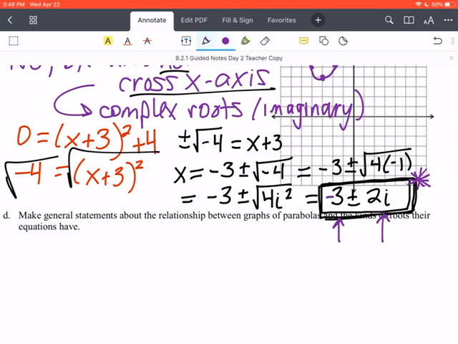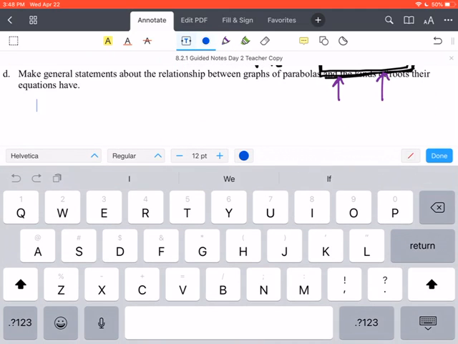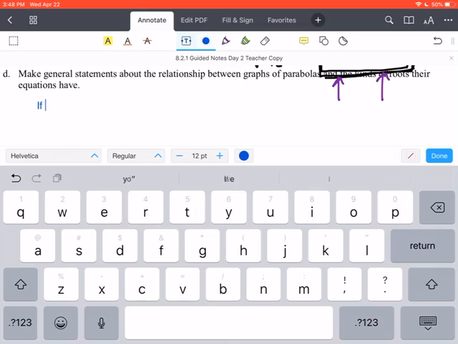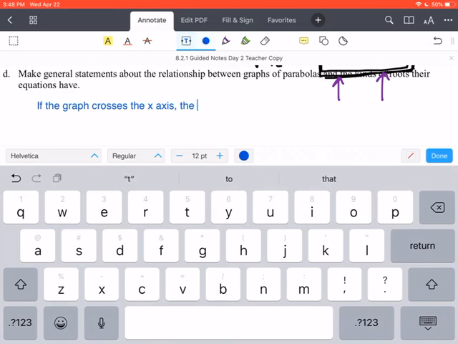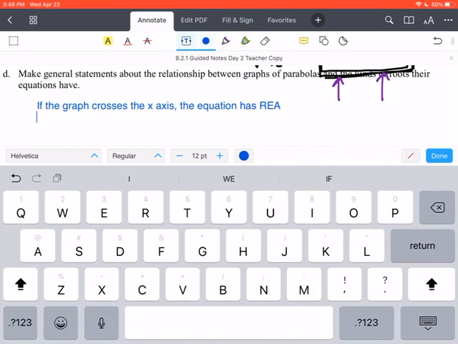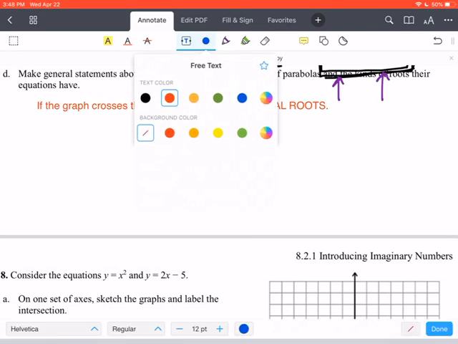Okay, so let's go ahead and make our general statement, and I'm going to type this in. It'll be more legible. So here we go. If the graph crosses the x-axis, the equation has real roots. Okay, that's very important. Now, on the other hand, let's change color.